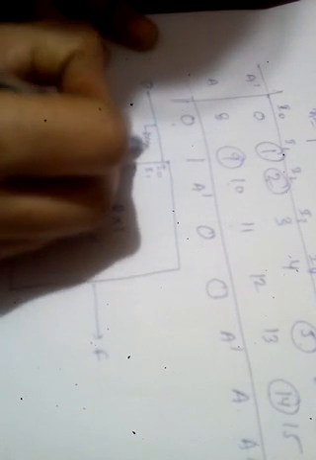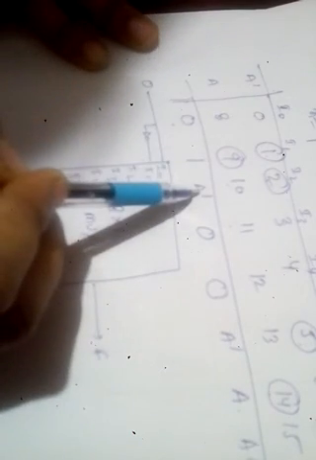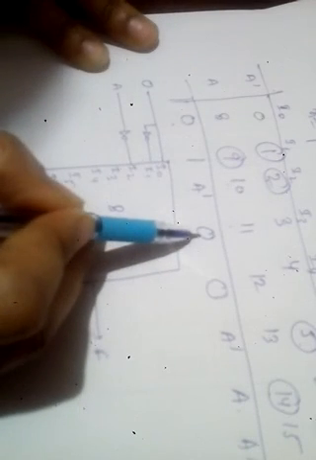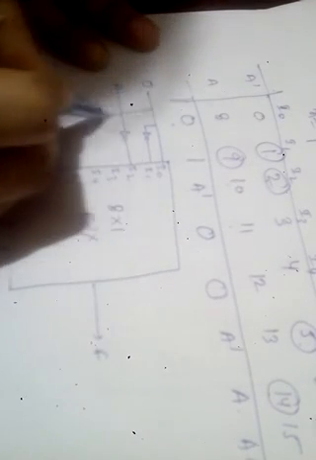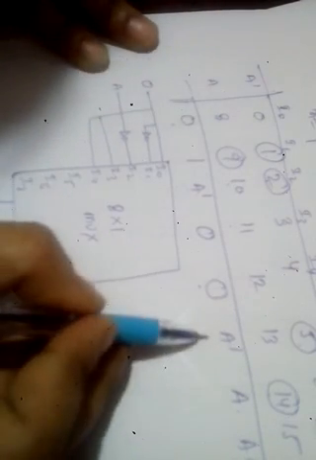Now I0 is 0. I1 is 1. I2 is A bar. I3 is 0. I4 is again 0. I5 is A bar.